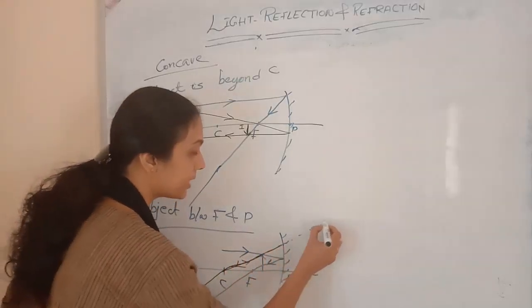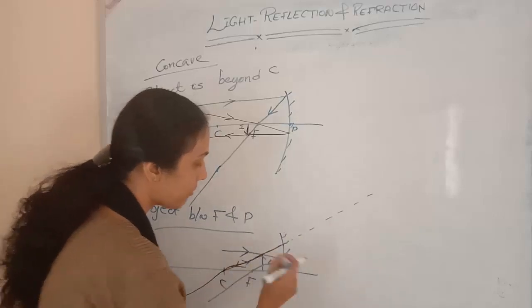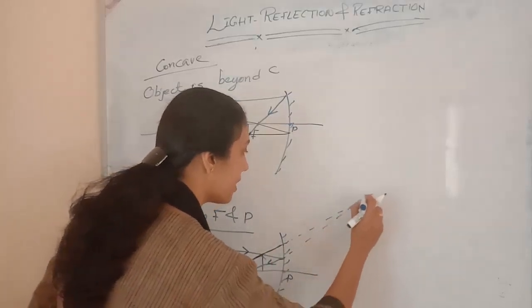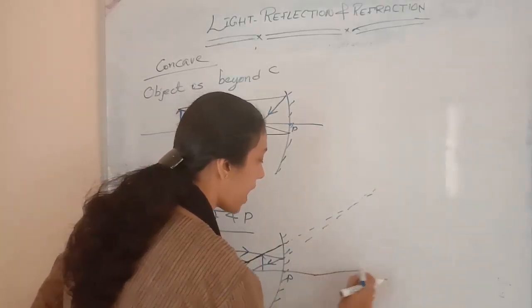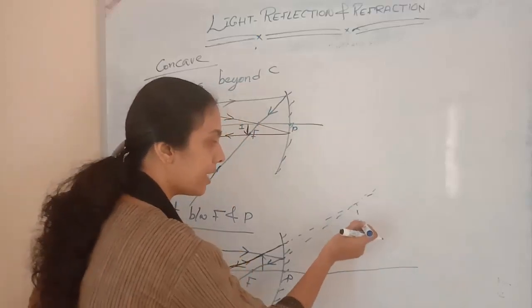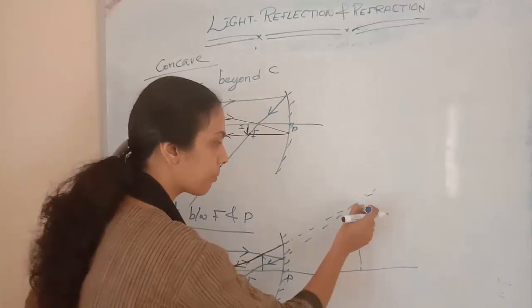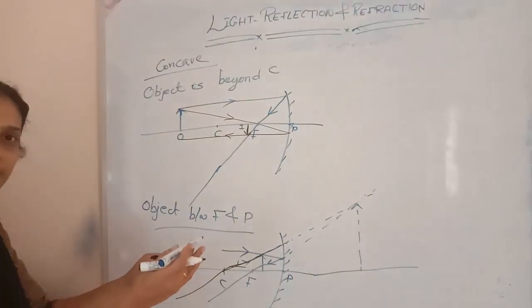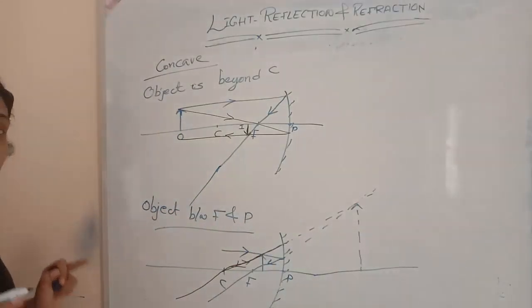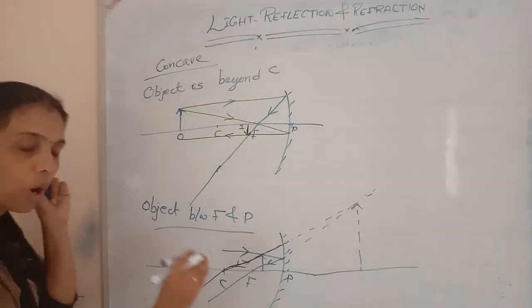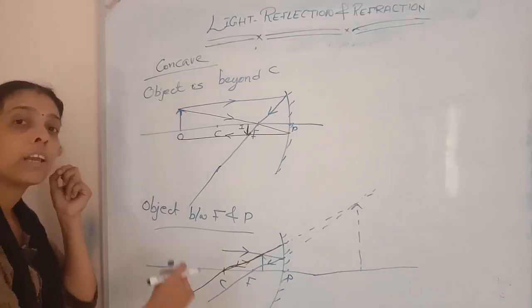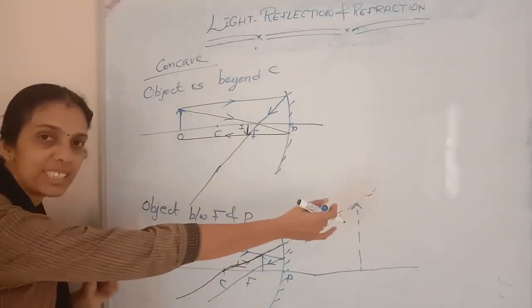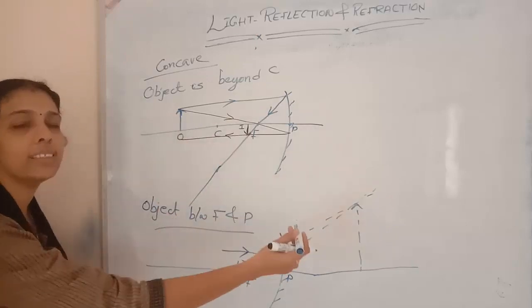If I extend this and extend this, I can see that on the other side, behind the mirror, they meet at one point. It is not actually meeting; we are making it meet at one point behind the mirror.